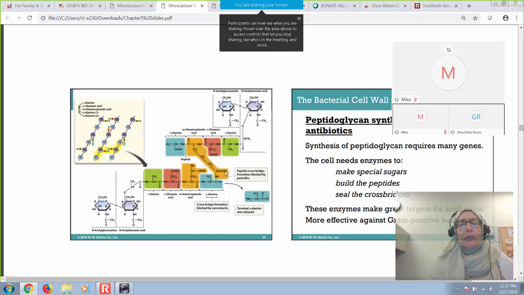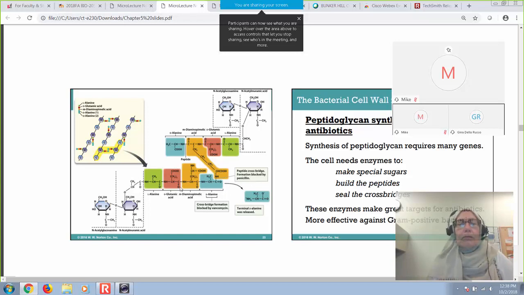And it's that covalent bond. Remember, covalent bonds are the really strong ones that hold together. They take a lot of energy to break them. So it's that covalent bonding between these many layers that adds to the strength of the gram-positive cell wall.